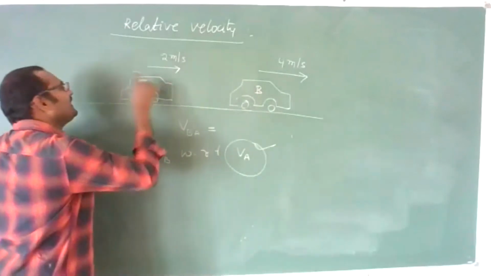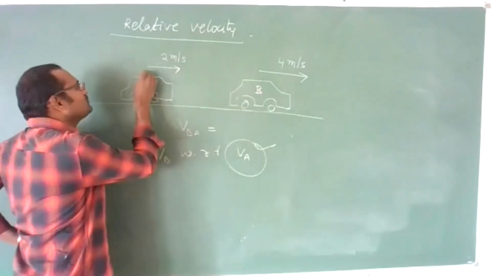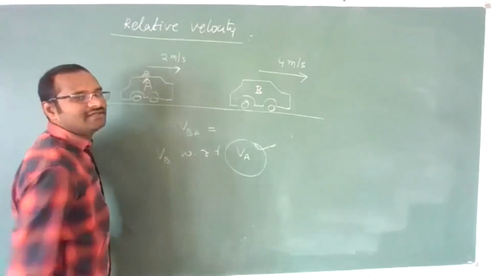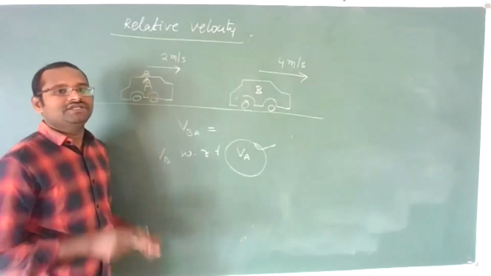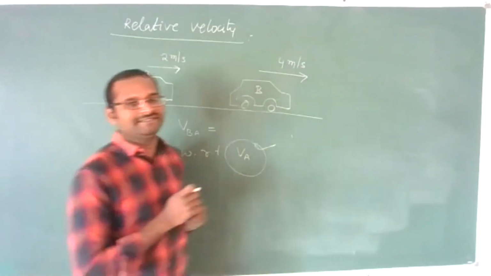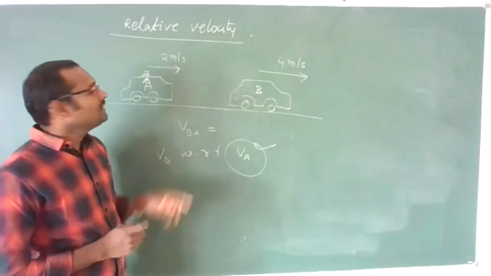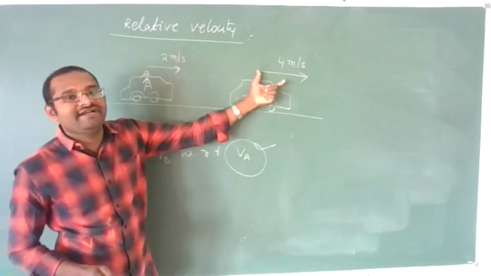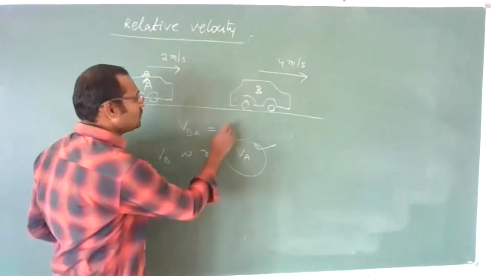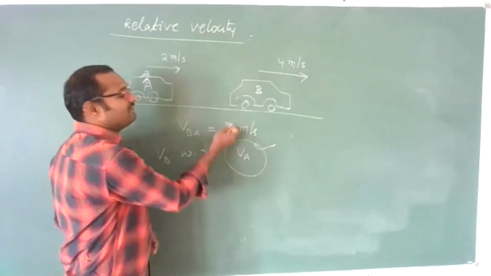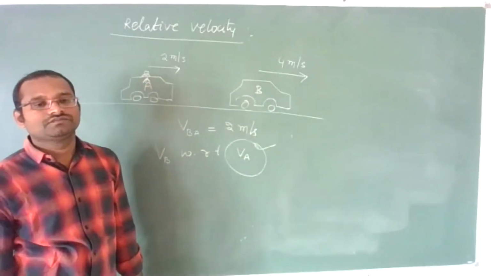With respect to A means you sit on this vehicle. Then you are moving with 2 meters per second velocity, and your friend is also moving with 4 meters per second velocity.